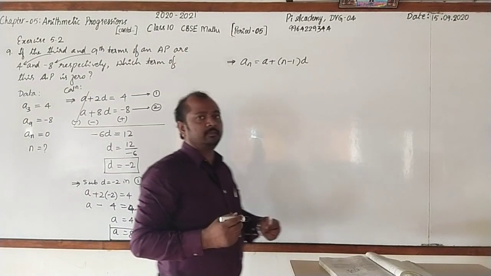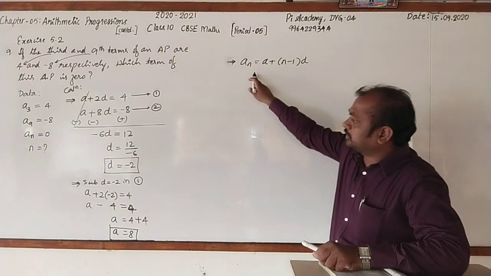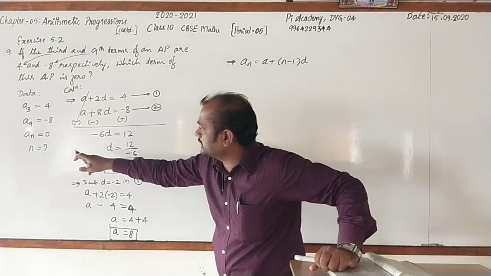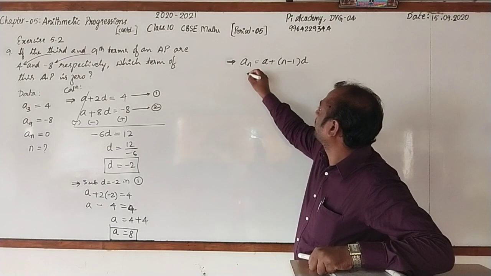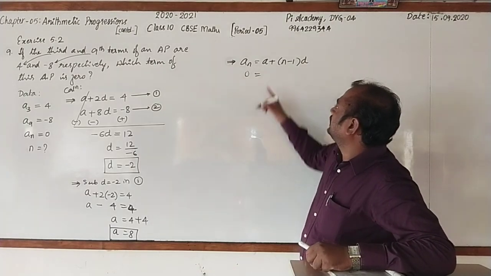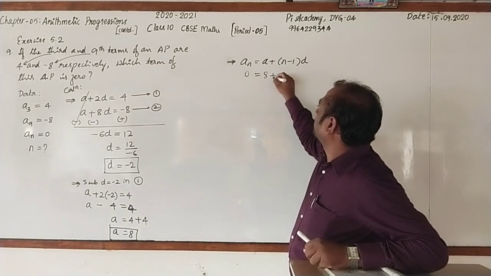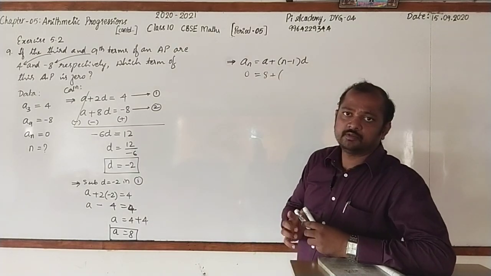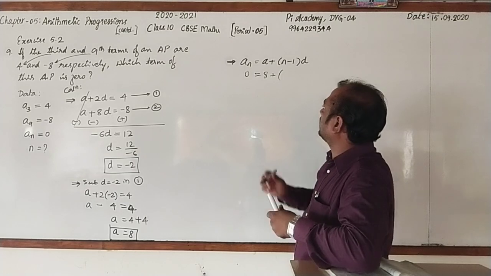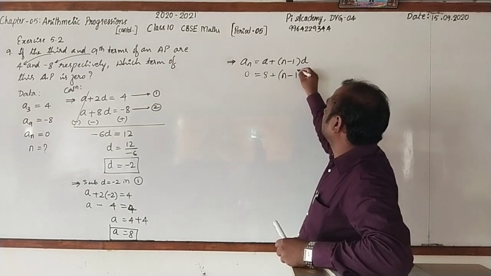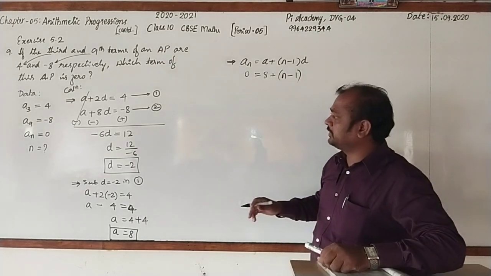Followed, we got both the common difference and the first term. Let us substitute them here. Here what is an? an is 0. Then a is 8 plus of n, it is unknown. I'll write it as it is, minus 1 into d. Common difference.